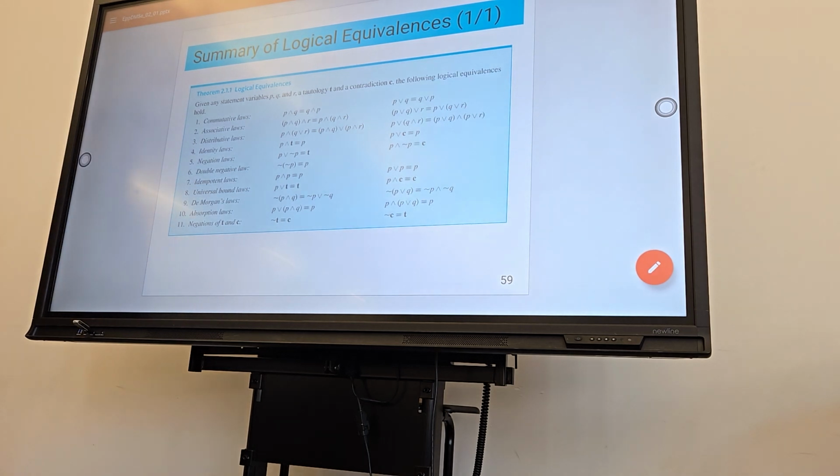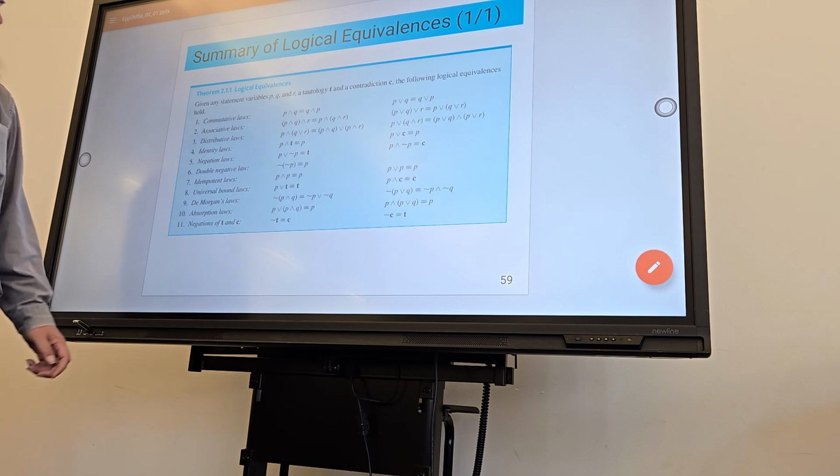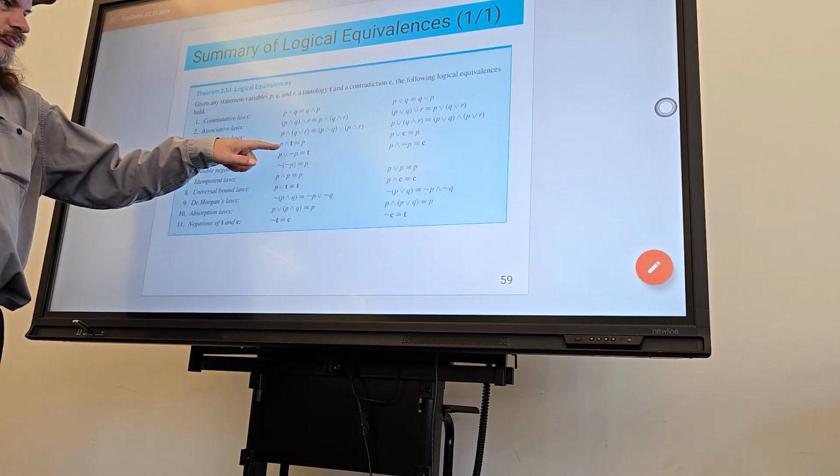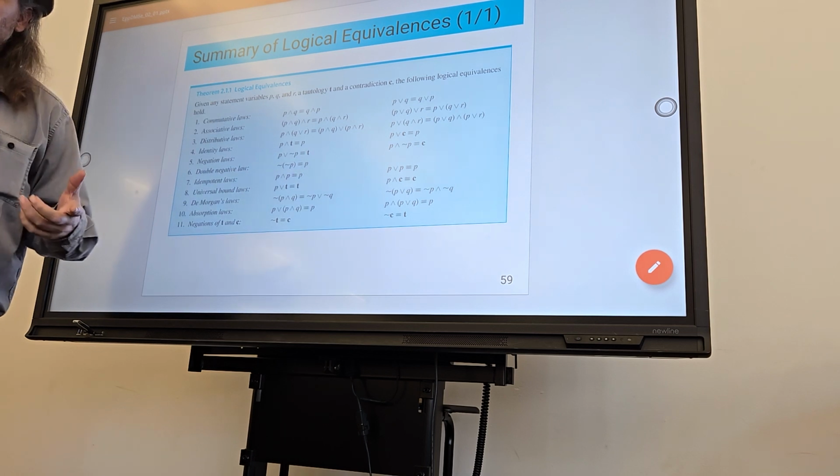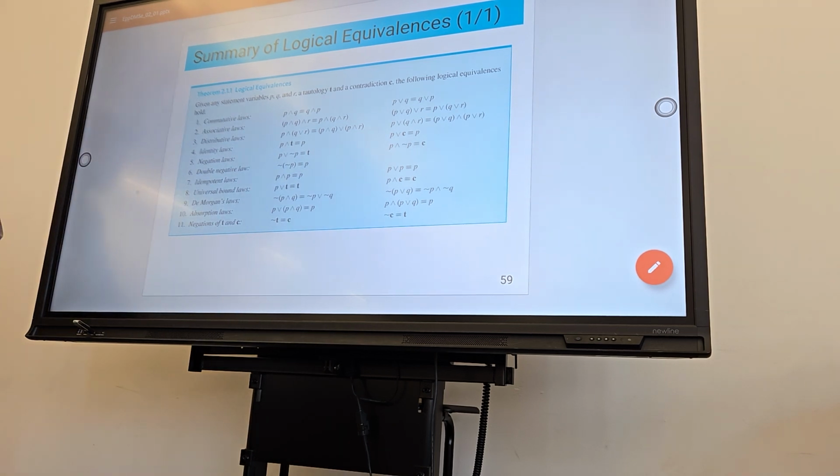So, identity laws. P and a tautology is equivalent to just plain P. P or a contradiction is just plain P. It can just be dropped off. The tautologies and contradictions can just be dropped out of the expression.